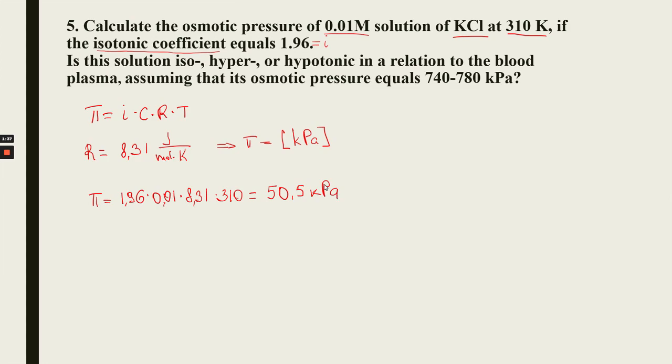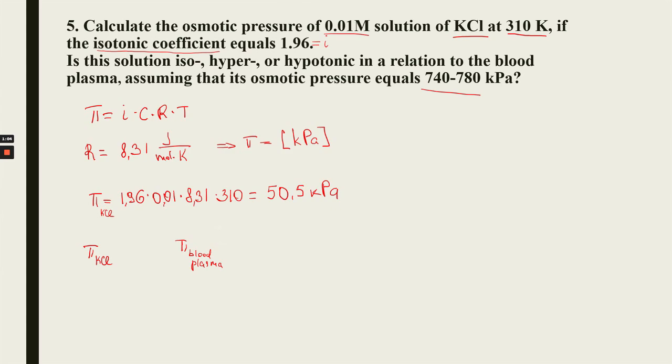The second question, is this solution iso-, hypo- or hypertonic in relation to the blood plasma? And there is given osmotic pressure for blood plasma. So we have to compare osmotic pressure of potassium chloride and osmotic pressure of blood plasma.